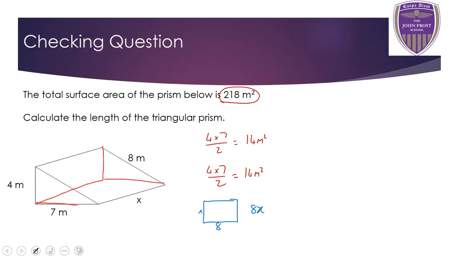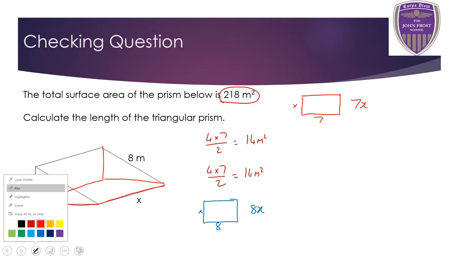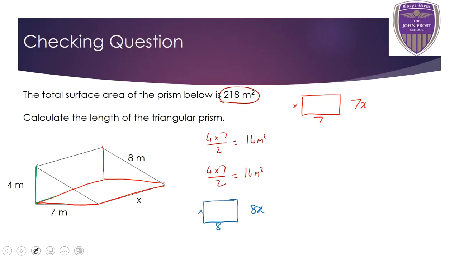The base will be that 7 multiplied by the x. So the next one we've got is 7 times x, which is an area of 7x. And finally, we've got this final side here, which is the one around the back here. So there's a rectangular face there. It's 4, and this side here is x. So the last one we've got here is 4 times the x, which is 4x.